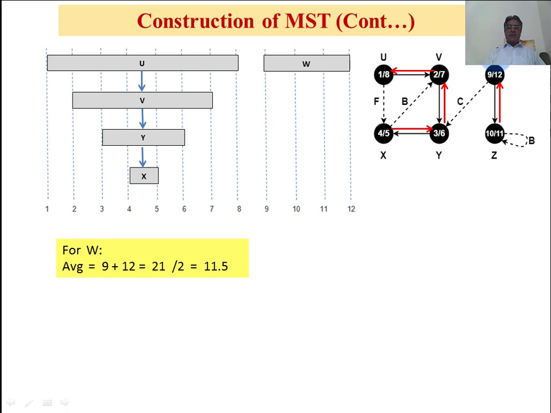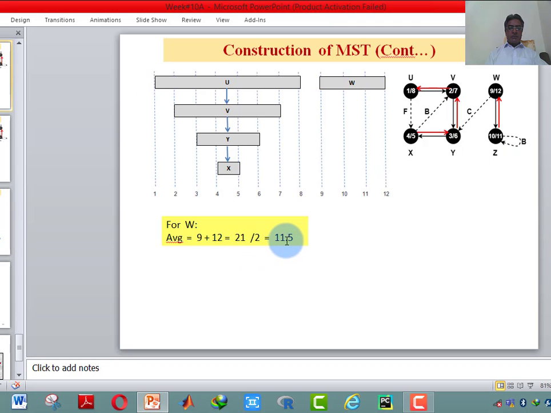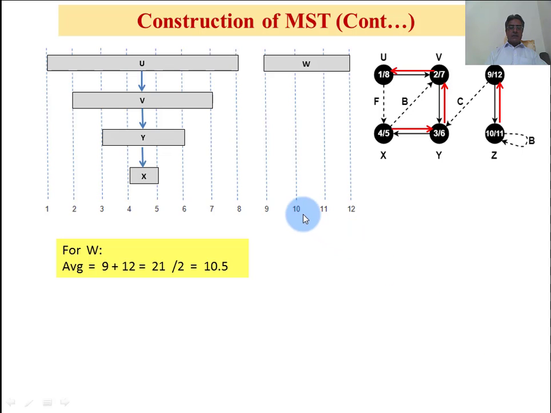So we will process this W. Its starting time is 9 and ending time is 12. So 9 plus 12 becomes 21. 21 divided by 2 is equal to 11.5. Sorry, not 11.5 but 10.5. So 10.5 is this location.